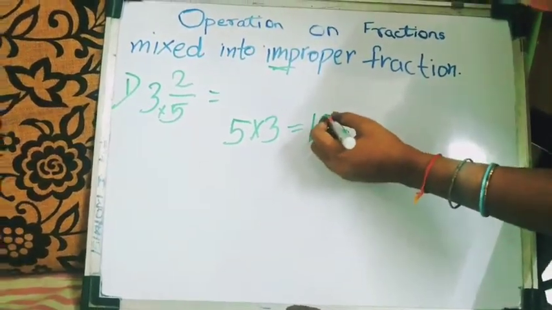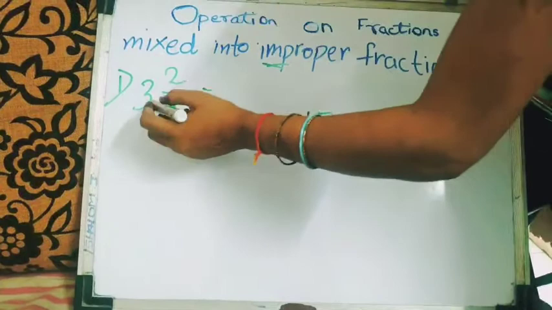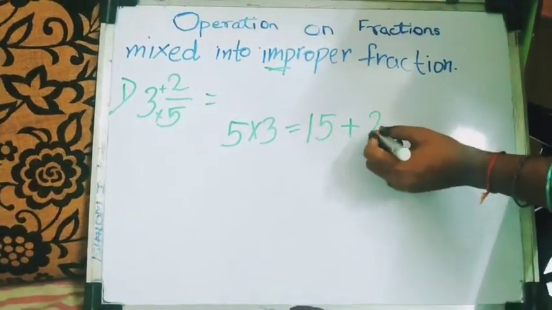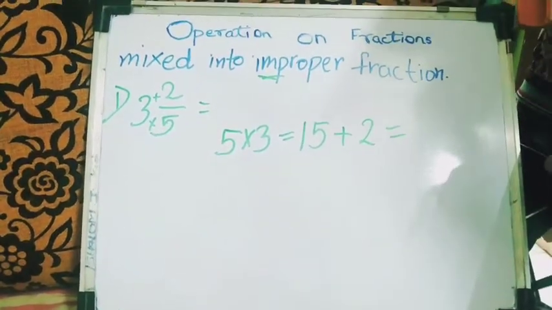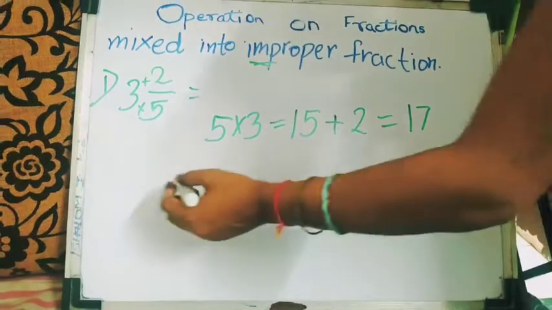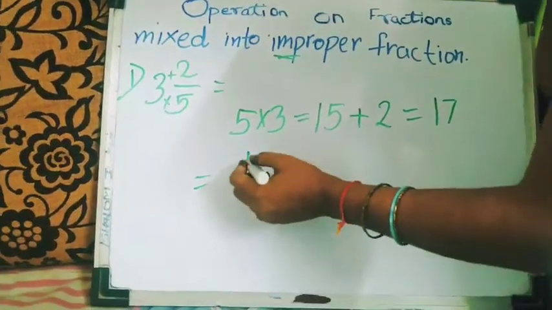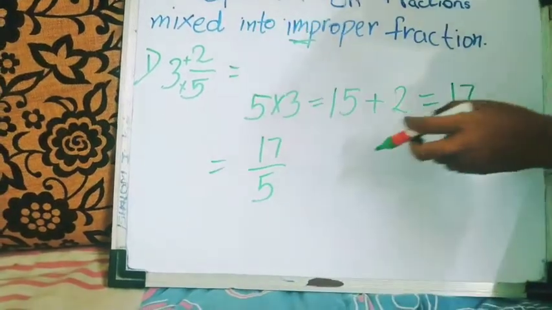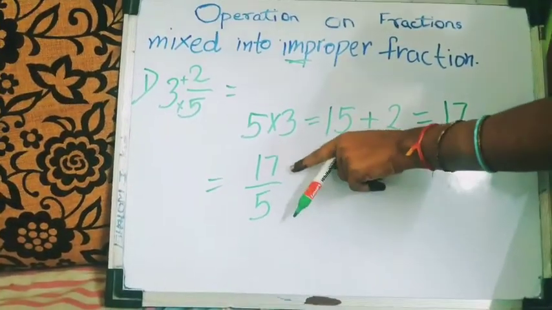5 3s are 15. And now we will add the numerator. 15 plus 2, how much? 17. Total 17. Now we will write 17 by 5. Here the numerator is greater than the denominator.